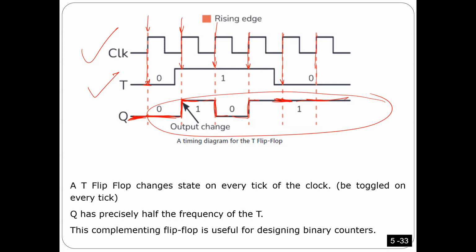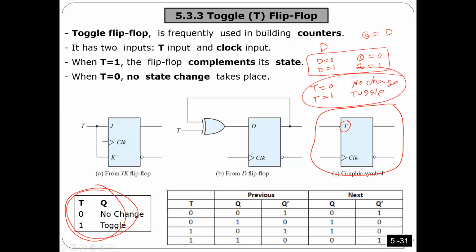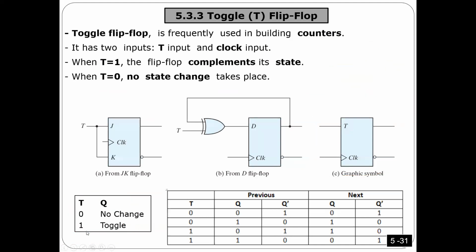Similar to what I did before, I'm going to explain how we are going to make this T flip-flop out of the basic one, which is the D flip-flop. Also, I'm going to explain how we can get the characteristic equation. So this is the structure, whatever is inside here.